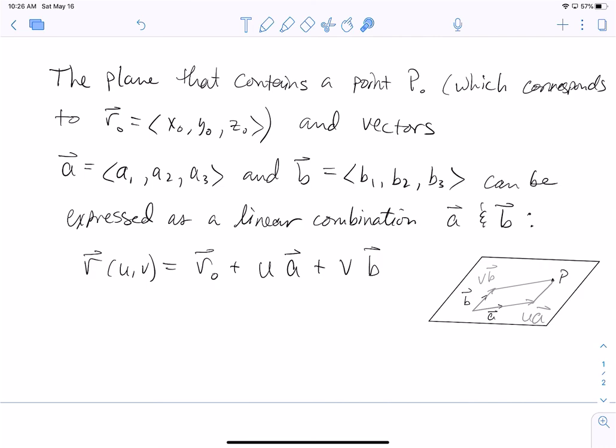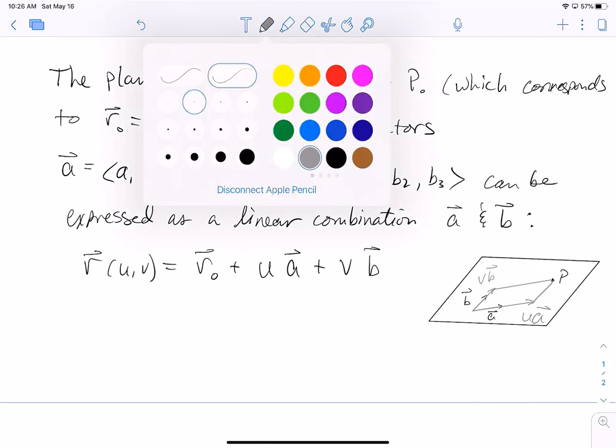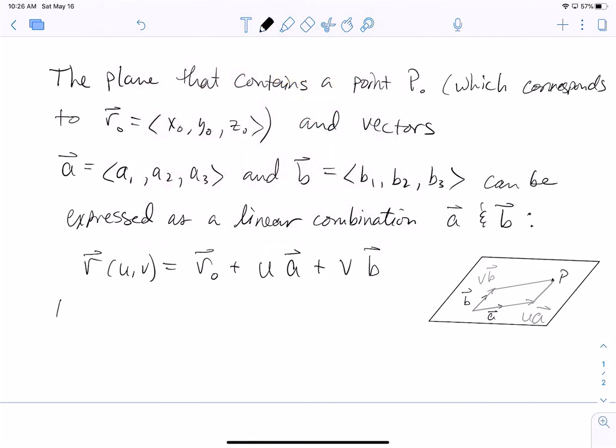This is kind of like saying that i and j span the xy plane. And r naught assures that the original point had been on the plane. But the point here is that this is parameterized as x equals x naught plus ua1 plus vb1, thinking about the components of a being a1, a2, a3, and b being b1, b2, b3.